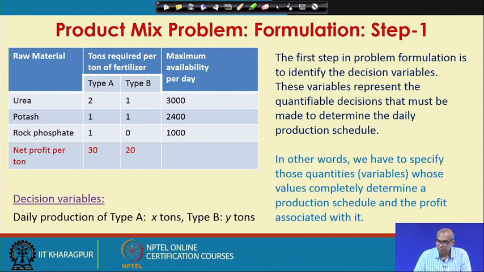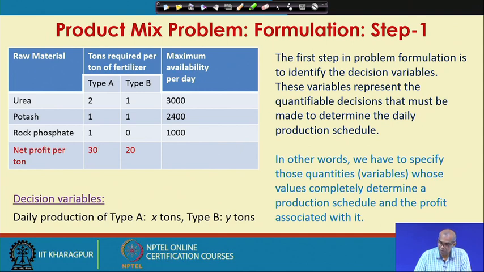So, in the first step, we have to identify the decision variables. Decision variables represent the quantifiable decision that must be made to determine the daily production schedule. In other words, we have to specify those quantities or variables whose values completely determine a production schedule and the profit associated with it.